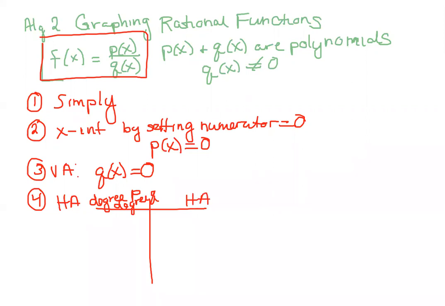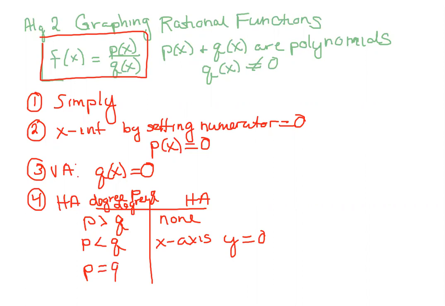So if the degree of p is greater than the degree of q, then there is no horizontal asymptote. If the degree of p is less than the degree of q, then the horizontal asymptote is the x-axis or y equals 0.